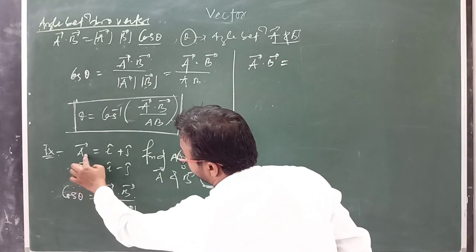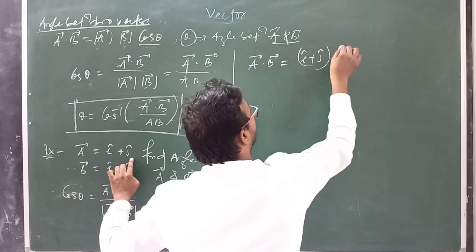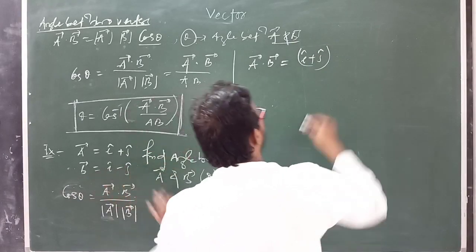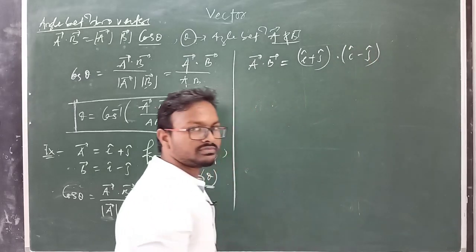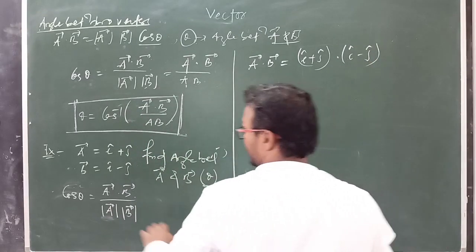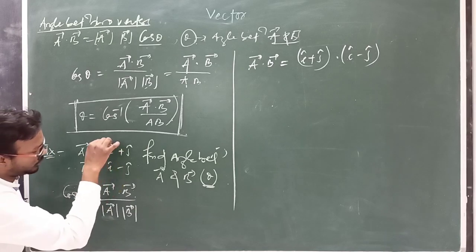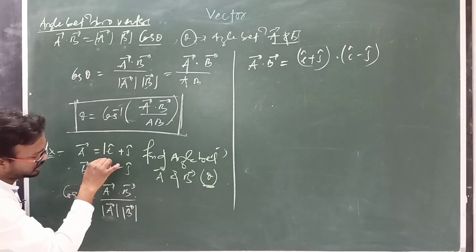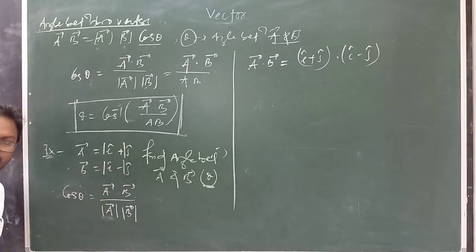So what is a vector? a is i plus j. So here i plus j vector dot b vector, that is i minus j vector, and we have the relation. So look at this case: for i cap, here the coefficient is 1 and here also coefficient 1, and j cap also coefficient 1 and here also coefficient 1.